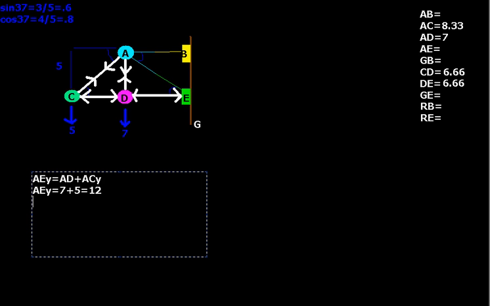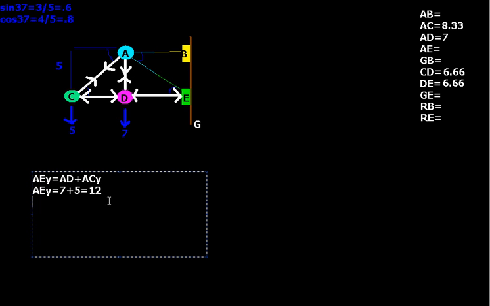But if that works out, that'd be really cool, because that would make a lot of people's lives a bit easier. Plus, what's DE? 6.66666 squared equals the square root of that. Okay, so we'll see if the answer that I just got was right.